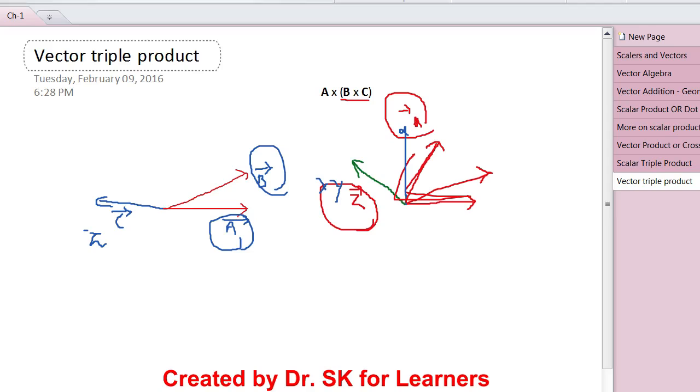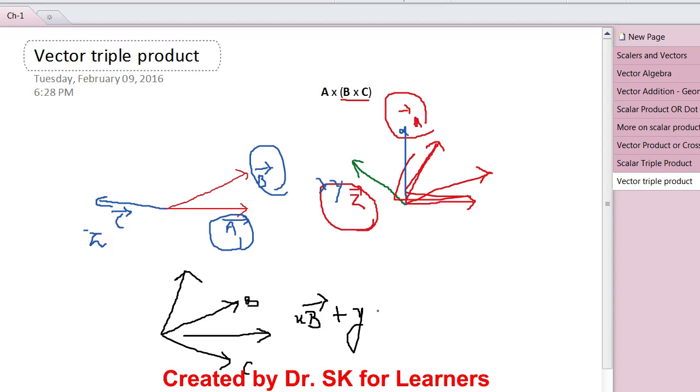So if you have three vectors A, B and C, you will get A cross B cross C somewhere here, which is equal to some scalar multiplied with B vector plus some other scalar multiplied with C vector.